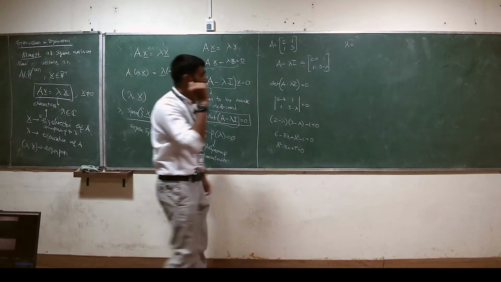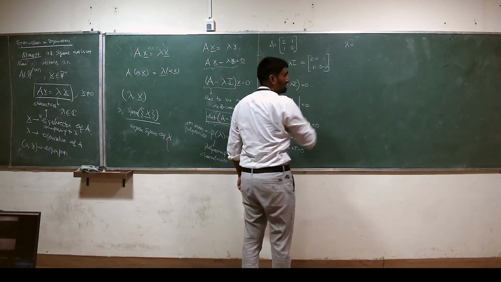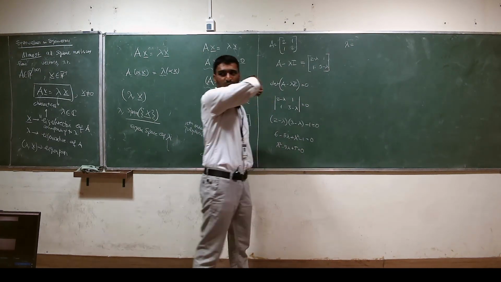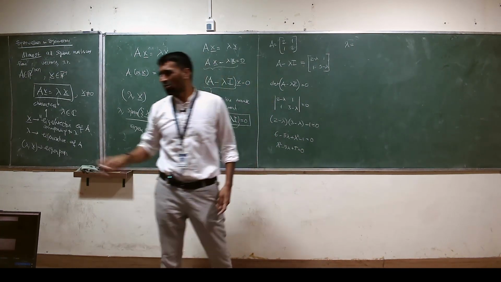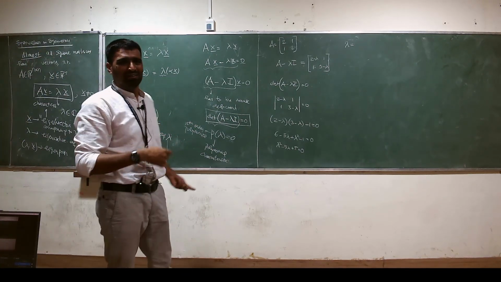Maybe I should have taken a simpler example, because what about this? Maybe somebody else can try this. Try 2, 2, 1, 1 and tell me what you get. If you do that, it's going to get messy. It's fine, not worth doing on the board.